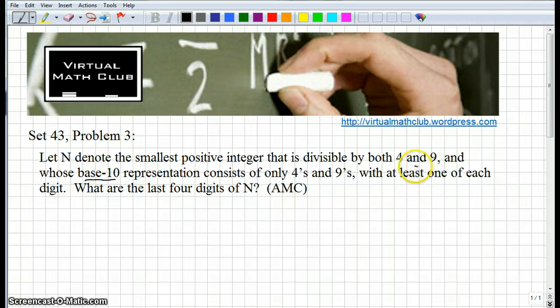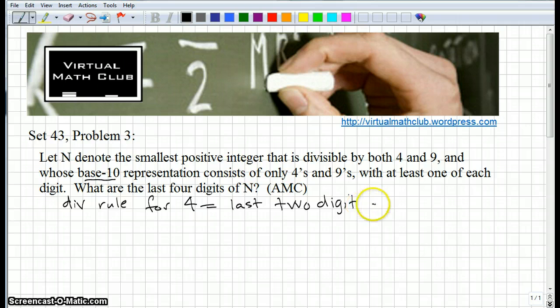It's handy to know the divisibility rules, especially for 4. The divisibility rule for 4 is that the last 2 digits must form a number that's divisible by 4.